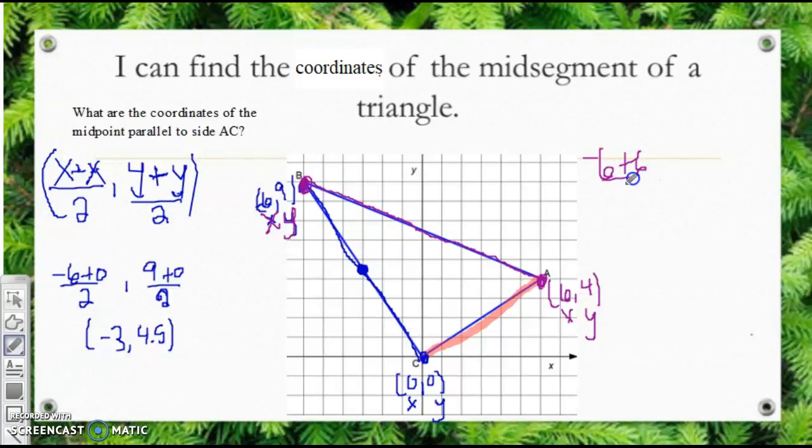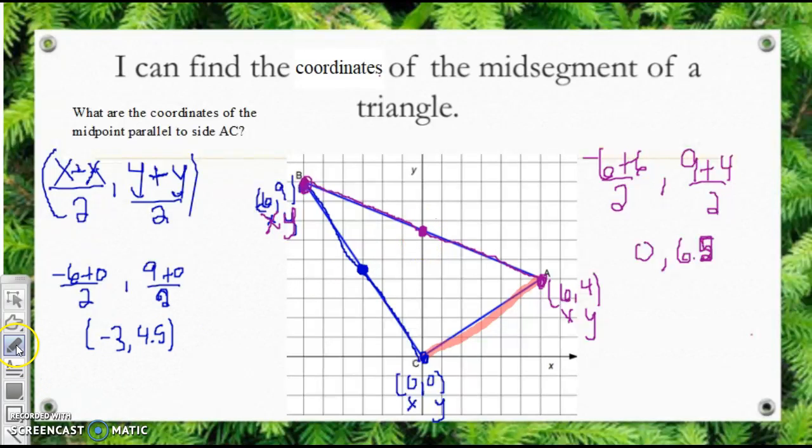X plus x divided by 2 and y plus y divided by 2. I would get 0, comma, 9, 10, 11, 12, 13 divided by 2 would be 6.5. Oops, 6.5, not 6.2. Okay, so let's plot that. 0, comma, 1, 2, 3, 4, 5, 6.5.